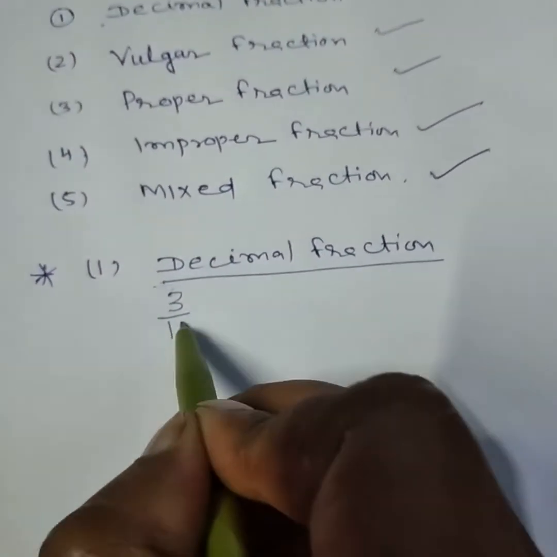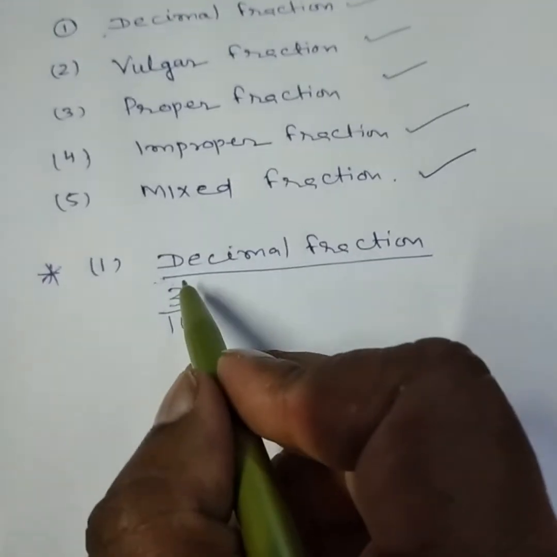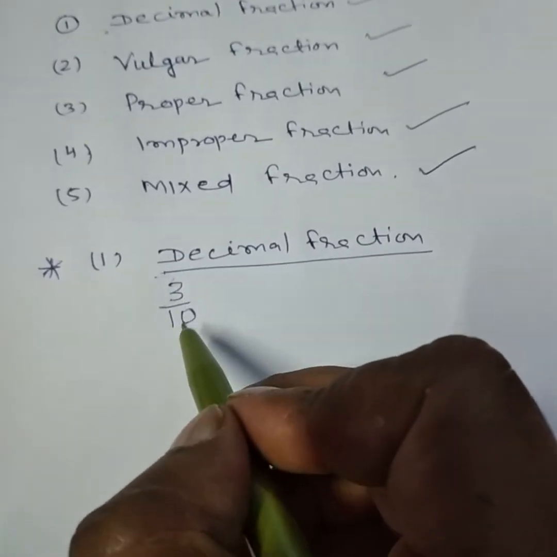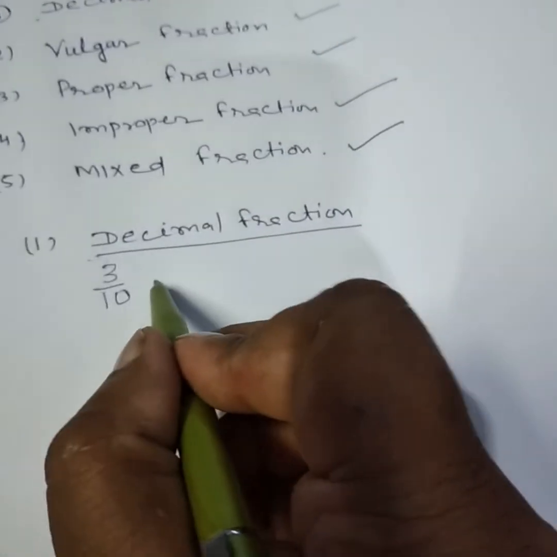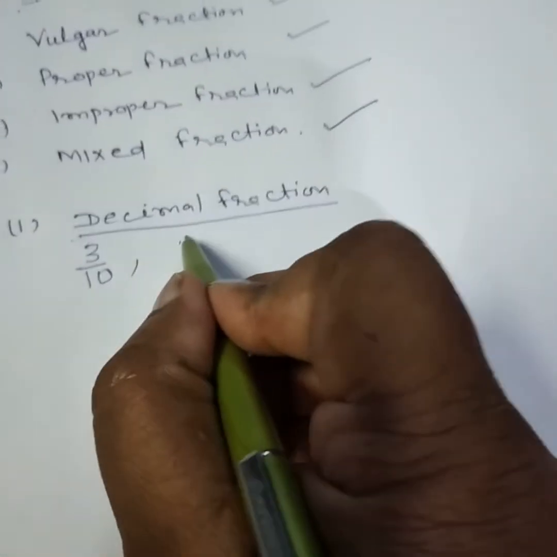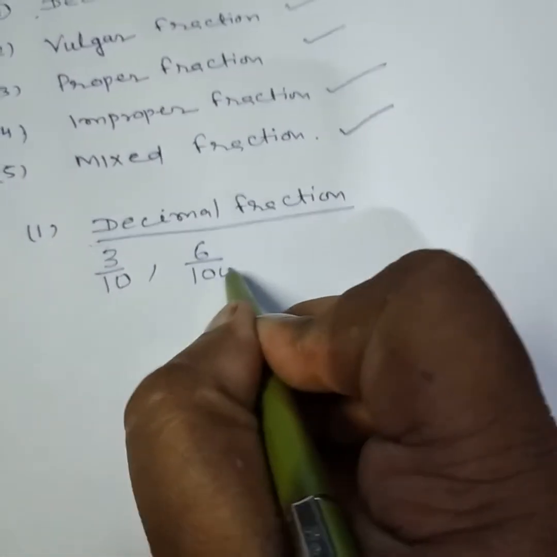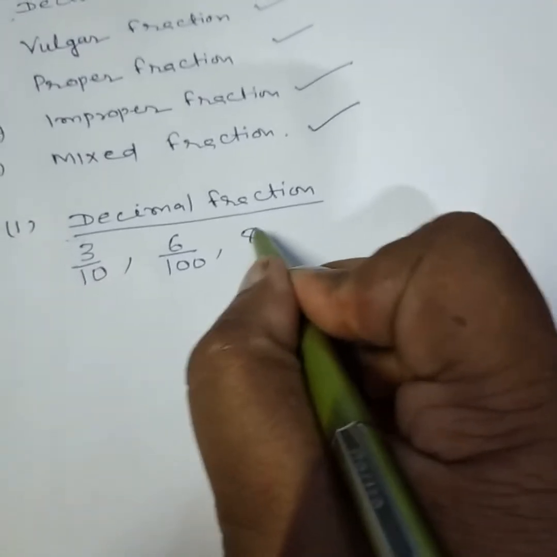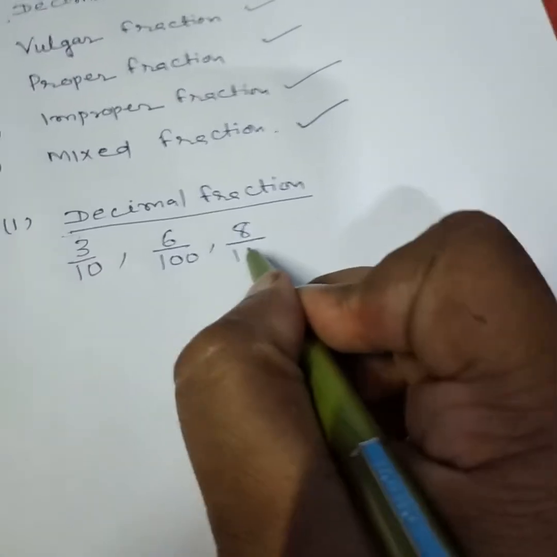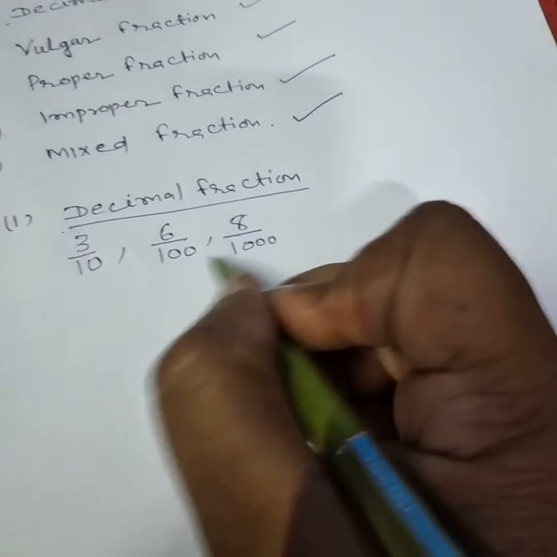3 upon 10 means 3 is the numerator and 10 is the denominator. Next is 6 upon 100, 8 upon 1000. What is this?